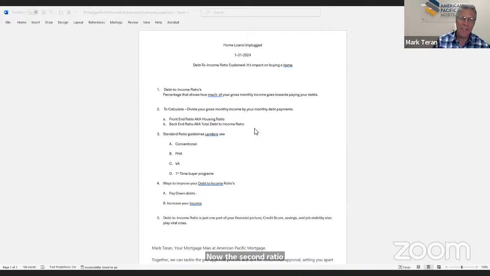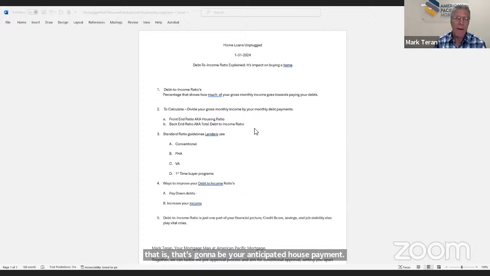Now, the second ratio is your back end ratio. That's going to be your anticipated house payment, everything that we just went over that comprises that house payment, plus other monthly debts, which are normally ones that would come up on your credit report. So if you had a car payment, we would include that. If we're looking at revolving debt like credit cards, your loan officer is going to ask you, what's your minimum monthly required payment on that?